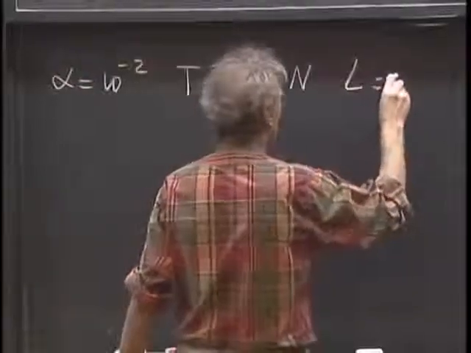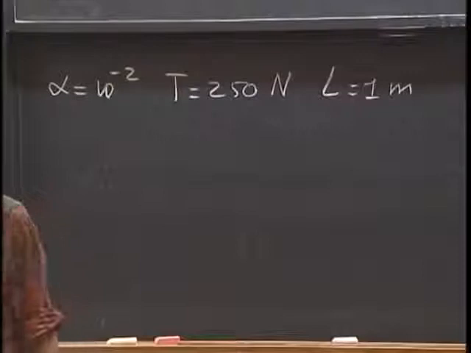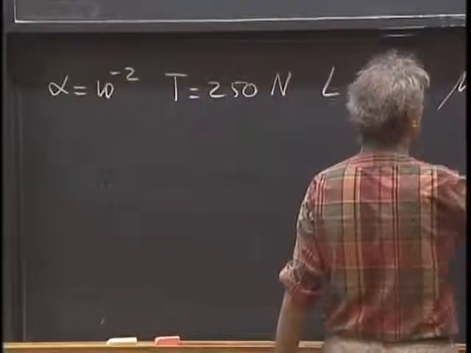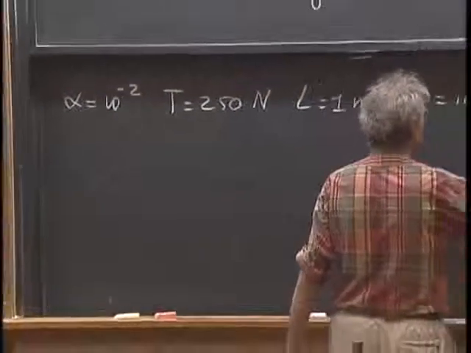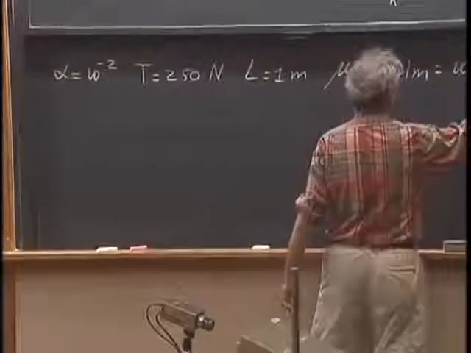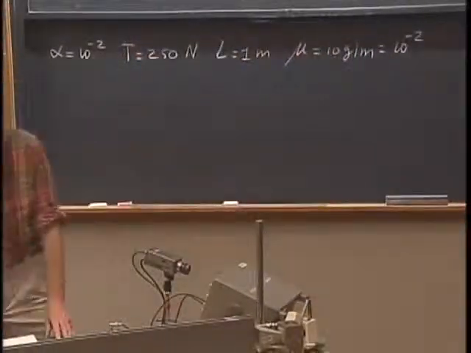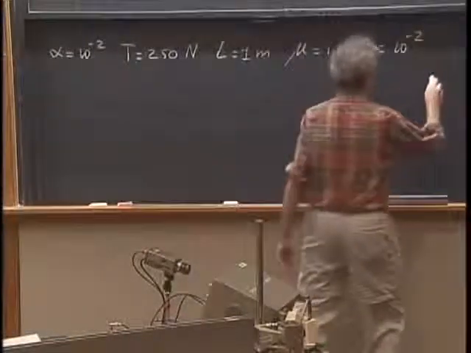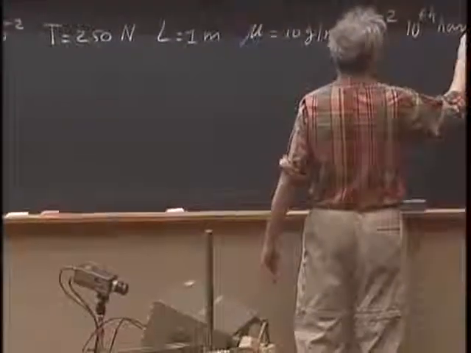I take the length of a piano string, which is 1 meter, just for simplicity. And I give it a mass per unit length of 10 grams per meter. So that would be 10 to the minus 2 kilograms per meter. And I want to explore with you the 10th harmonic of this string.